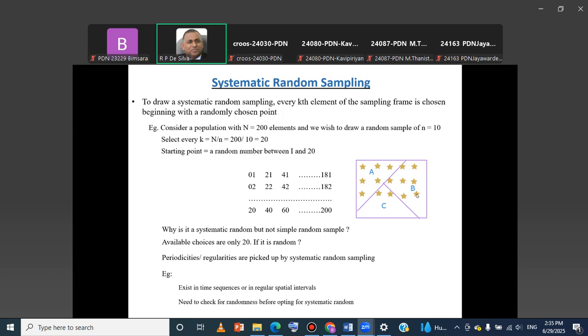So you can do this spatial sampling along the spatial dimension, and also you can do sampling on the time dimension. You take a sample every 2 days. That is systematic random sampling because you take the sample every 2 days.